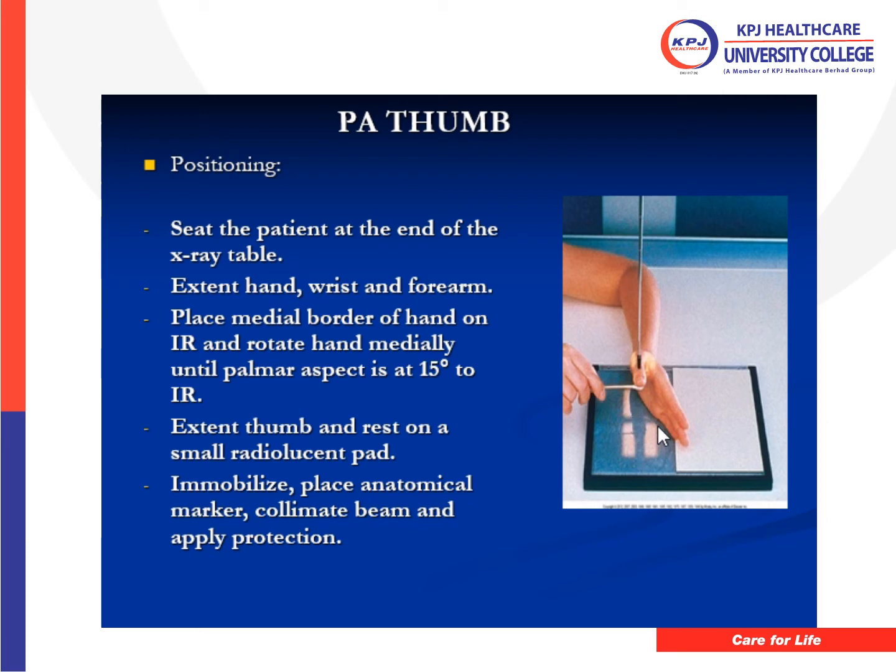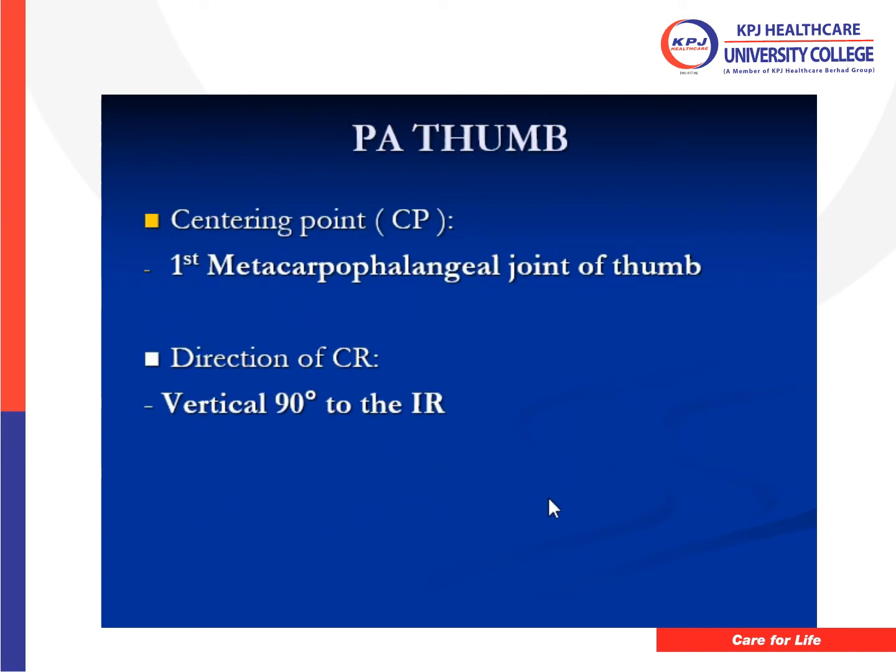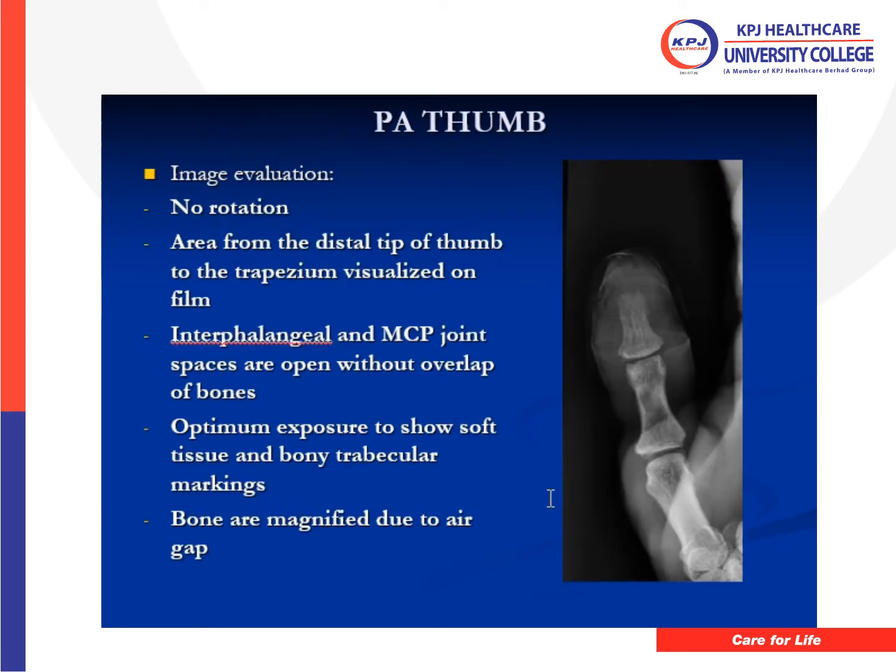So this one says the medial body of the hand on the IR, and rotate the hand medially, with the palmar aspect at 15 degrees to make sure it is a true PA. As usual, you have to extend and immobilize the patient. We are going to put the anatomical marker as well. The centering point is as before, the first metacarpophalangeal joint of the thumb. This is the image receptor.